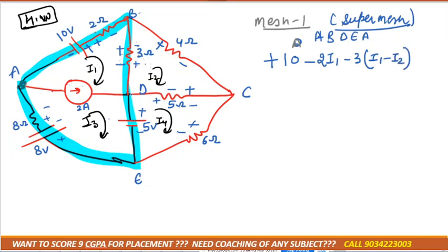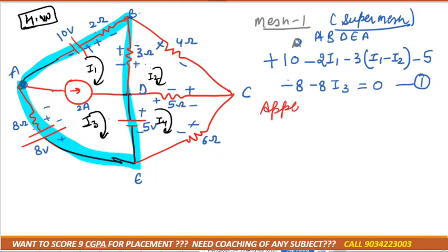Again D to E, what is the second sign coming in your path? Minus 5, E to A, then minus 8, into how much current is flowing in the 8 ohm branch? That is I3. Again back to A, so it would be equal to 0. Understood? So this we can get from mesh 1.